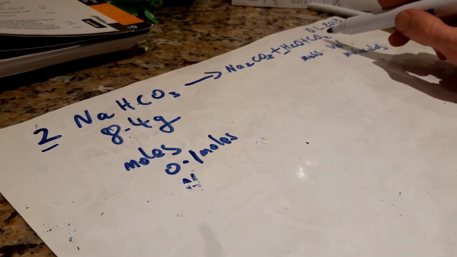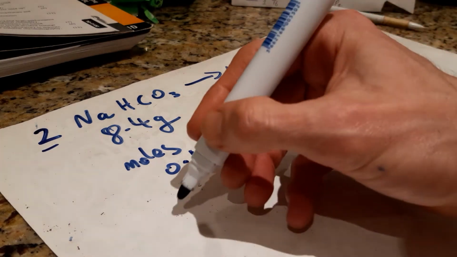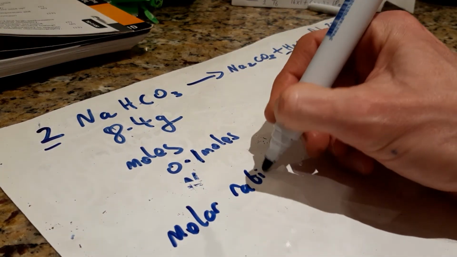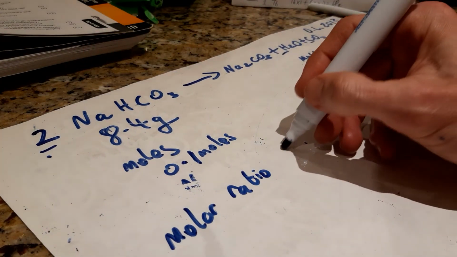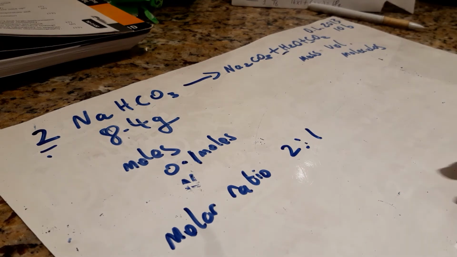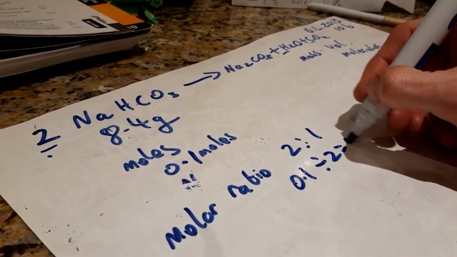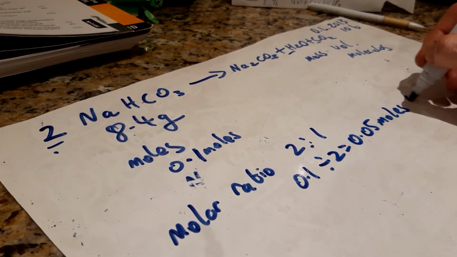The first thing we have to do is work out how many moles of carbon dioxide are produced. Again, the molar ratio is 2 to 1. No number in front of the carbon dioxide implies that it's there only once. So we produce 0.1 divided by 2, which is 0.05 moles of carbon dioxide.